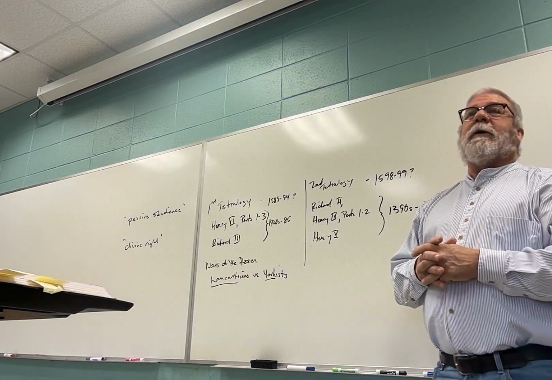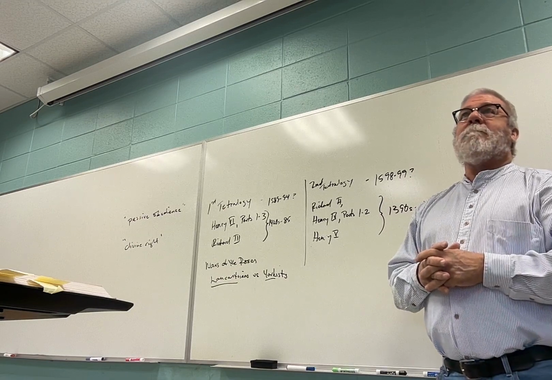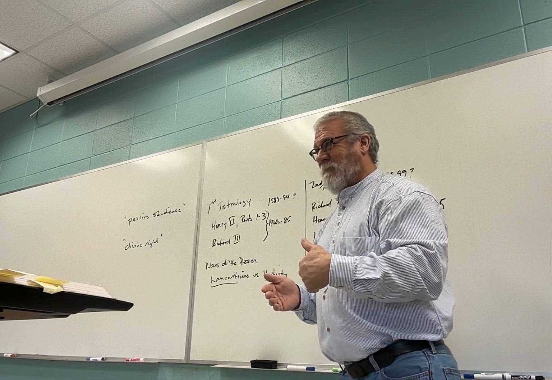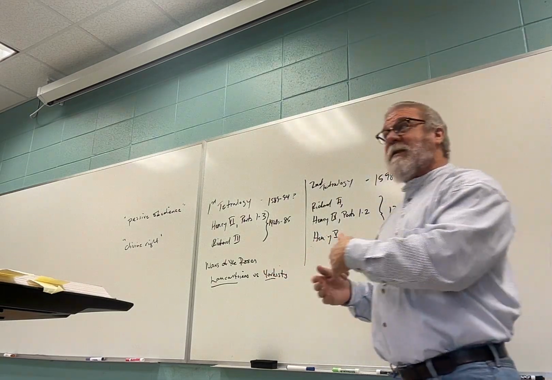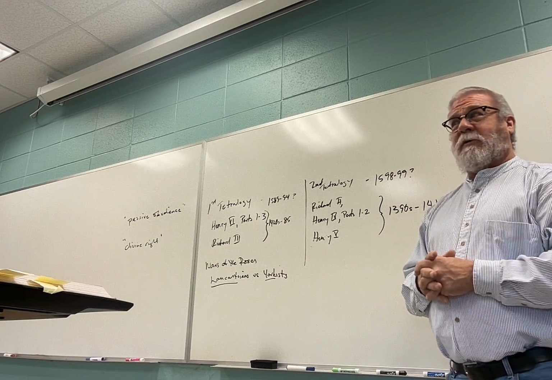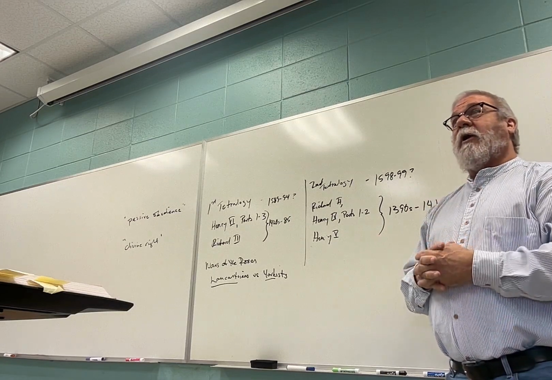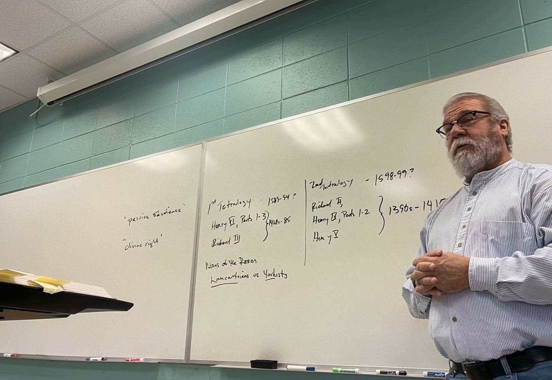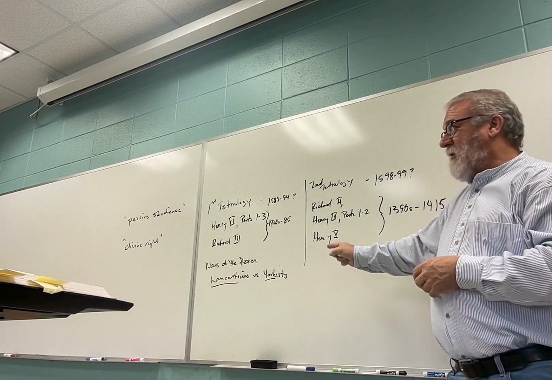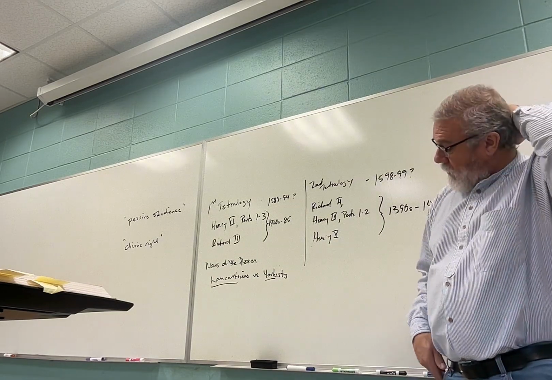Richard III, it had been thought for hundreds of years, essentially from his death until the 20th century, for the most part, it was thought Richard III was a horrible king. And it was thought that because of Shakespeare, because of his portrayal of Richard III.